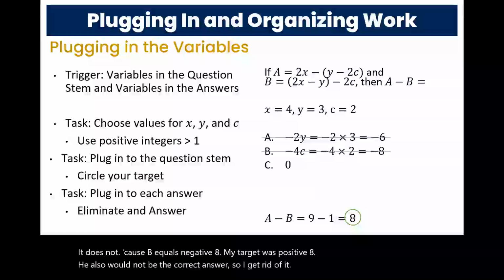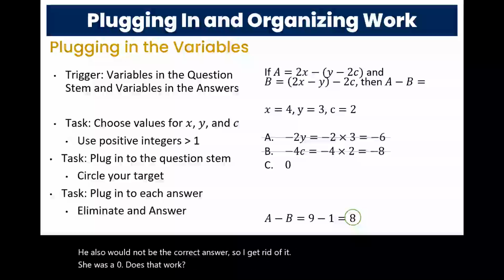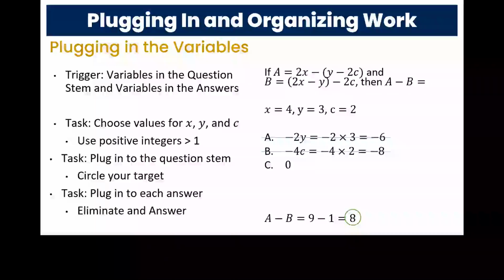C was just 0. Does that work? Nope. D gives us +6. Good or bad? Nope. Let's get rid of that.